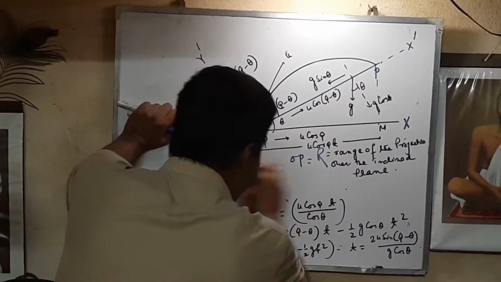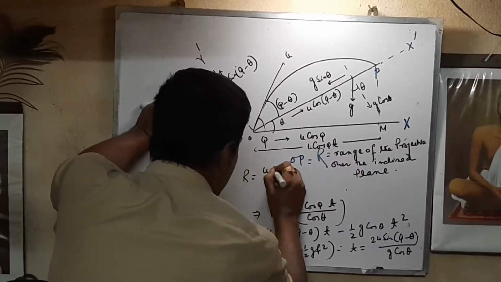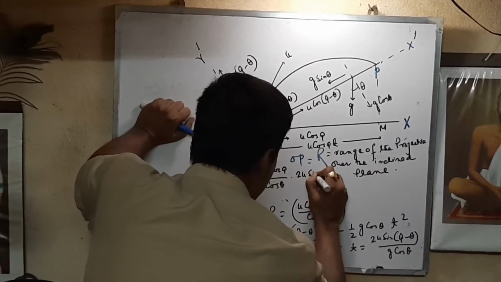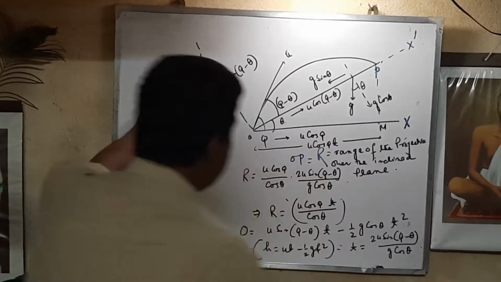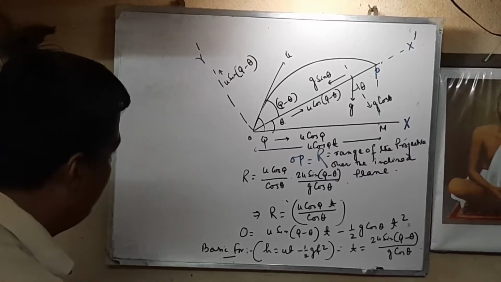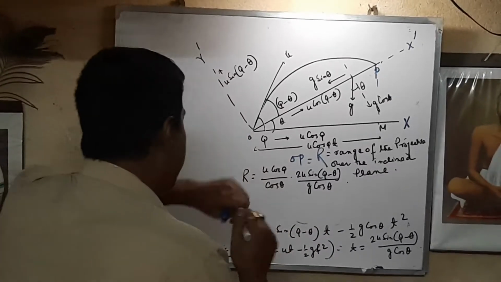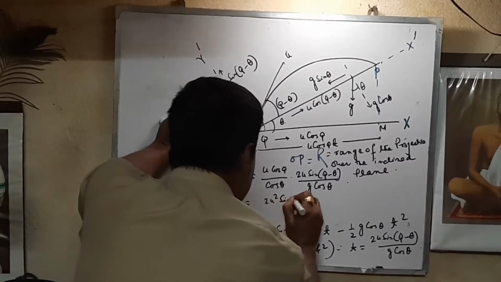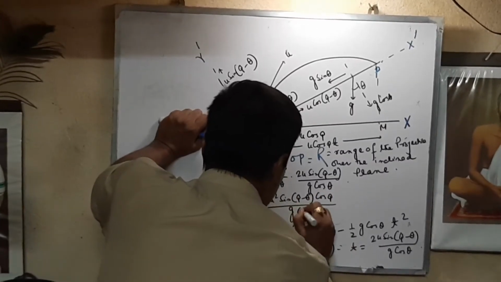The range of the projectile over the inclined plane is R equals u cos phi by cos theta into 2u sine of phi minus theta by g cos theta, which gives u square sine of phi minus theta into cos phi by g cos square theta.